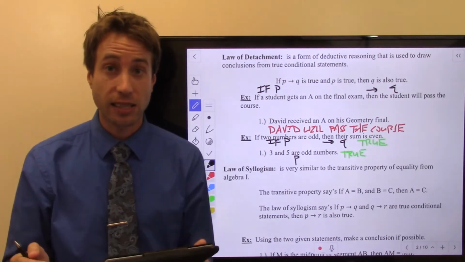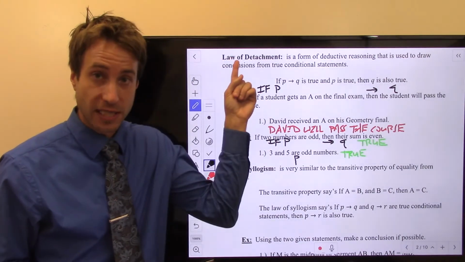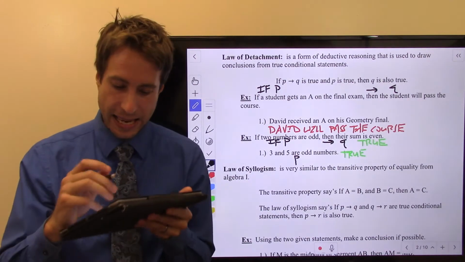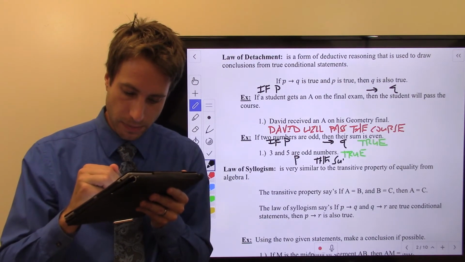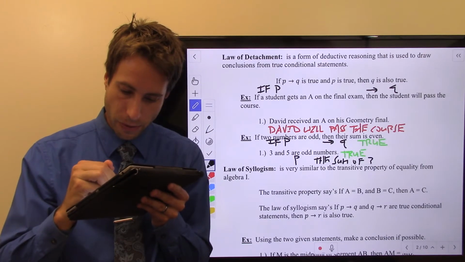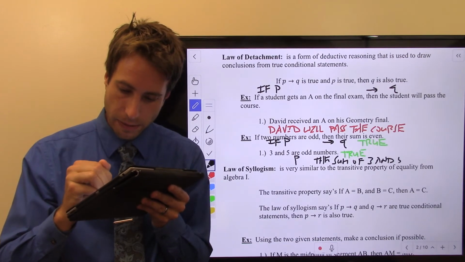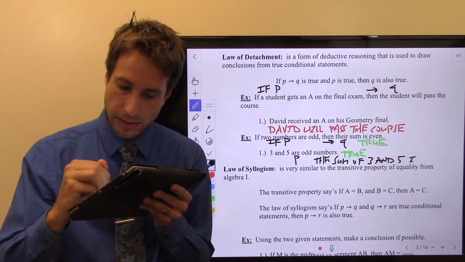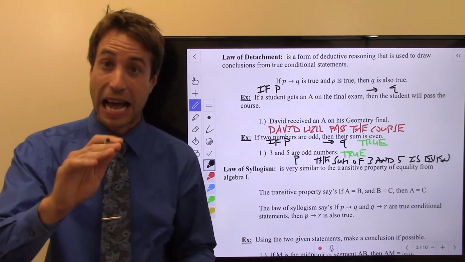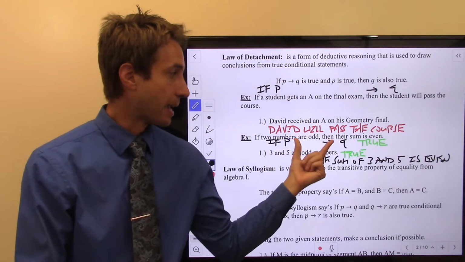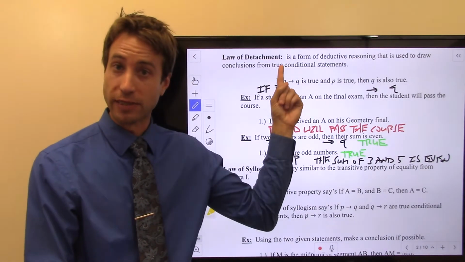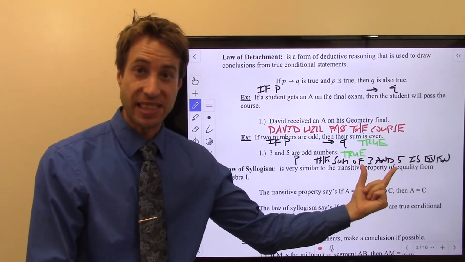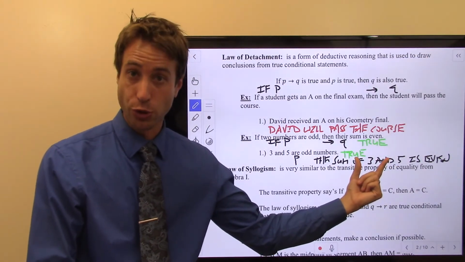Deductively, by deductive reasoning, the law of detachment, what can I say? The sum of 3 and 5 is even. Now, as long as my conditional statement is true and P is true, the law of detachment says that this must be true as well.